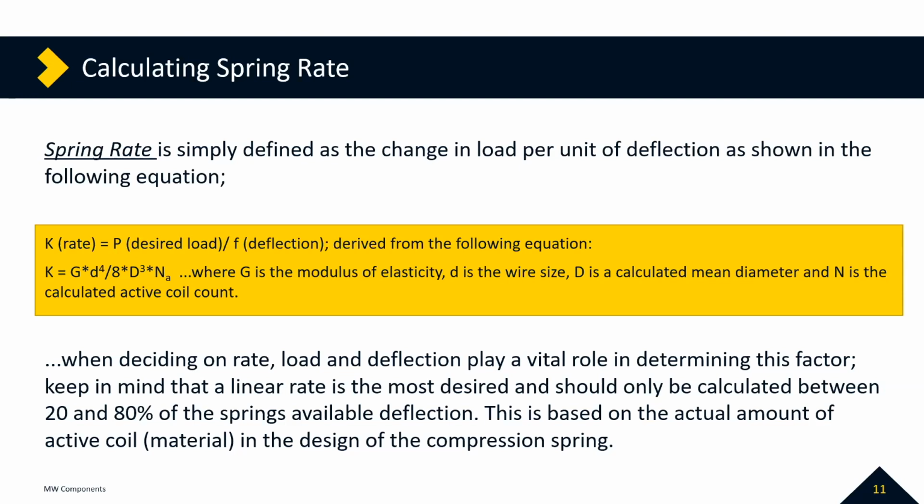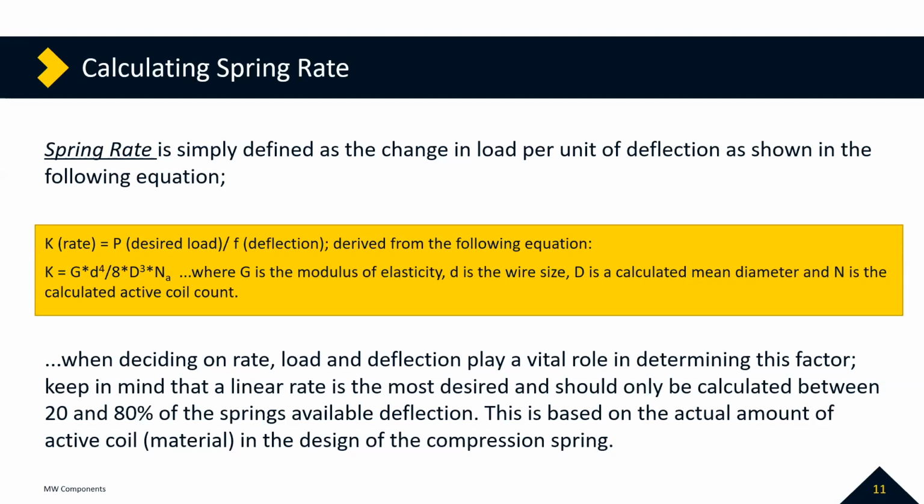Keeping in mind that there are certain areas in that spring design that you need to be aware of, such as the deflection itself. You'd like to keep your first load, or an assembled load, somewhere out of that first 20% of the total deflection.